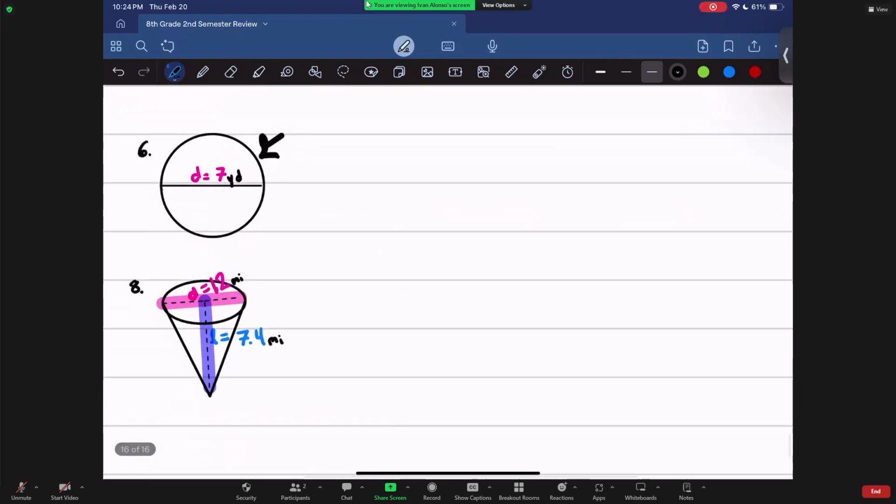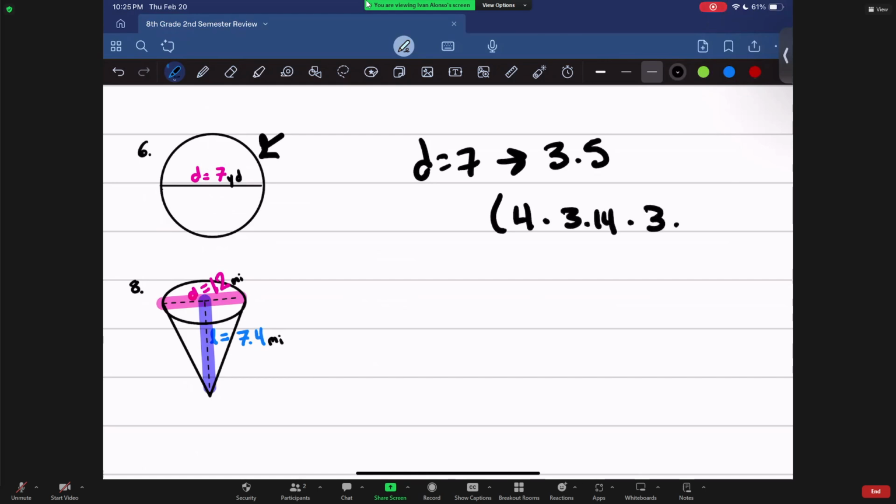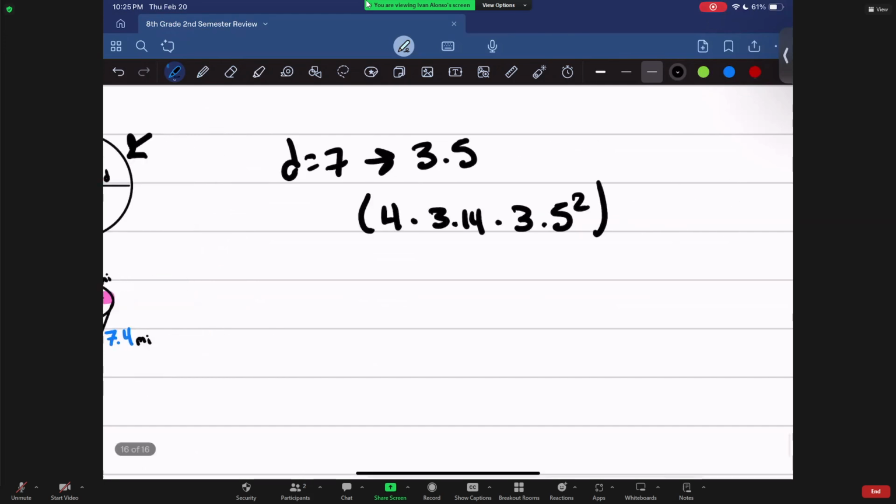Let's look at this one, right? So this one tells us that diameter is equal to 7. You should know the formula does not have diameter; it has radius. Divide that by 2. That gives you 3.5. Plug it into the formula of 4 times 3.14 times 3.5 cubed, and all of this is divided by 3.